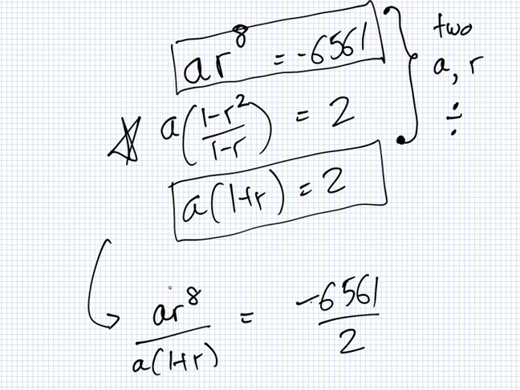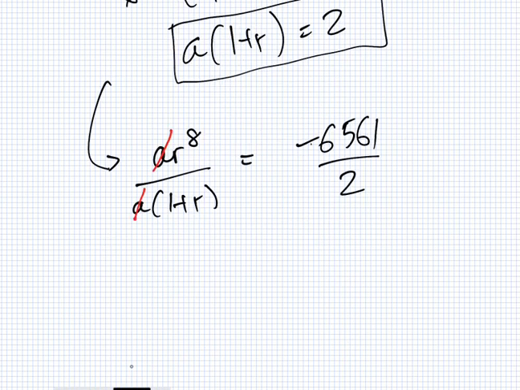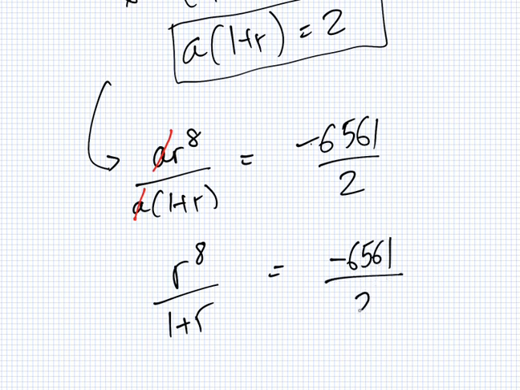What can you do on the left? Cancel the a's. And that's good, because now you only have r left. And you know what, I think I'll stick that minus 2 down below.